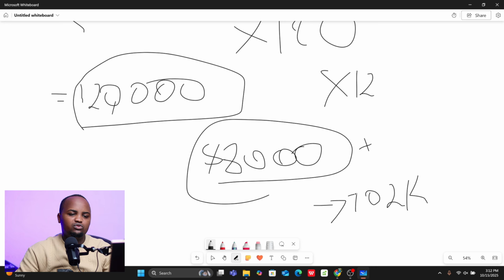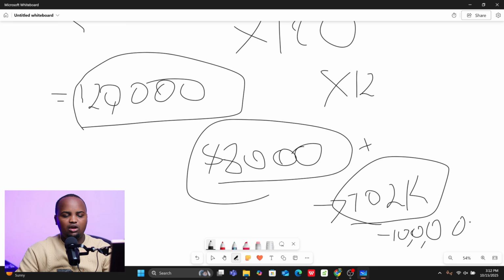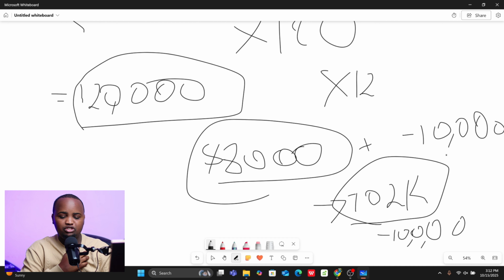If it goes to 102K, that is a negative $10,000 move, because now it is at 112. That means you blow your account. You lose all the money. So that is the danger of using it.